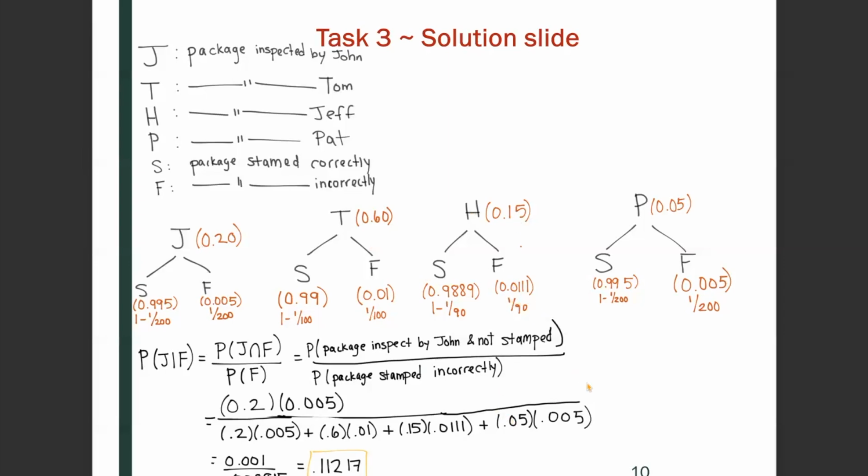And then plus Pat, the probability that Pat inspected it times this 0.005. So when you go and calculate all that math, you would get 0.001 divided by 0.008915, and that will give you 0.11217.